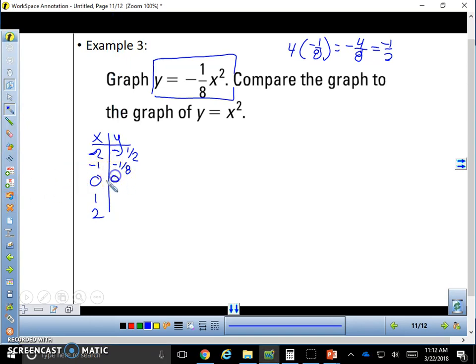Luckily, it mirrors this because it has no plus here, didn't shift it. So this is going to be -1/2, and this is going to be -1/8. So our first one's done.